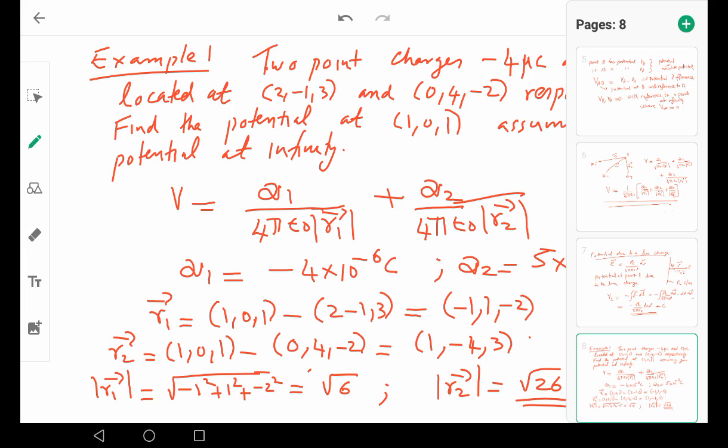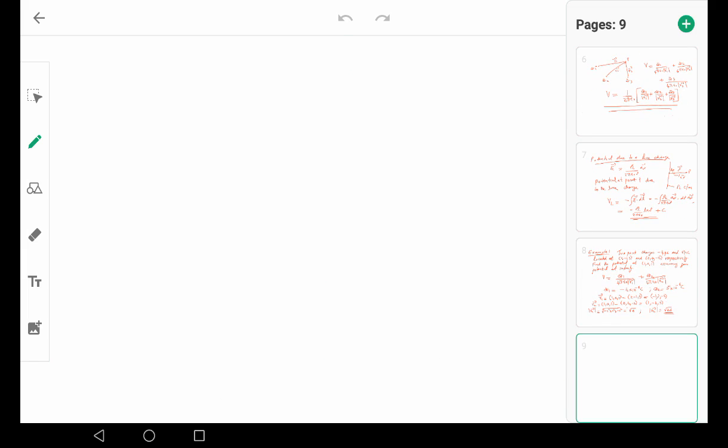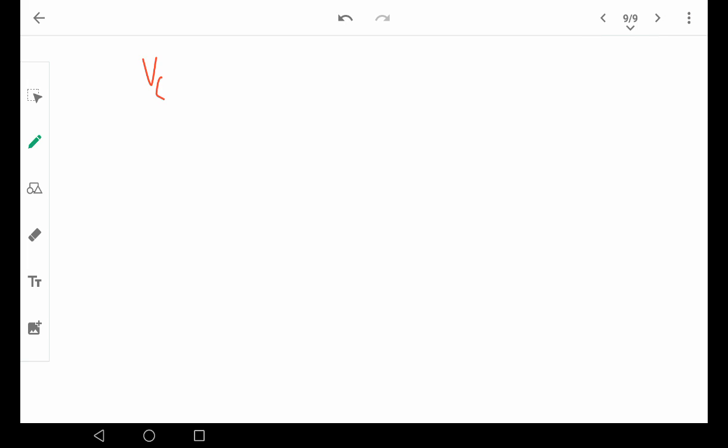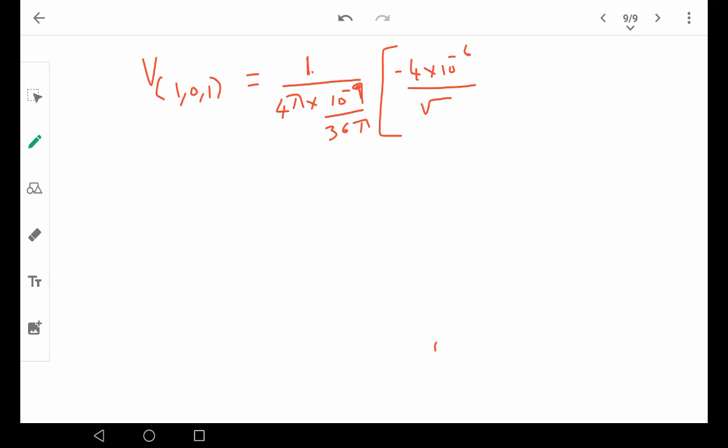Since you have found all those things, you can write the voltage V at the point (1, 0, 1) as 1 by 4 pi epsilon 0, that is 1 by 4 pi into 10 raised to minus 9 by 36 pi, times minus 4 into 10 raised to minus 6 by root 6 plus 5 into 10 raised to minus 6 by root 26.